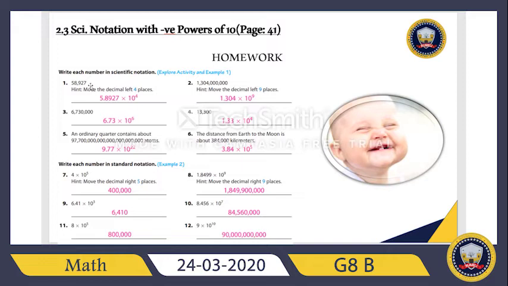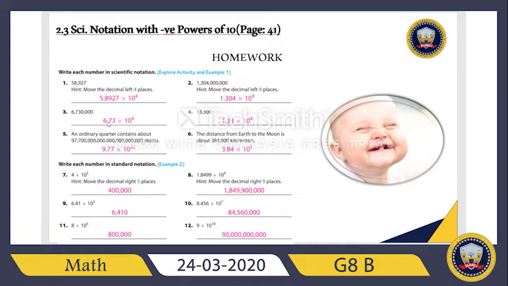So we have the decimal point that we are going to move until the place between 5 and 8. So we will have 5.8927, and this number is now between 1 and 10. That's good. Now I'm going to count how many places I moved the decimal point. That is 1, 2, 3, and 4. So it will be times 10 to the power of 4.